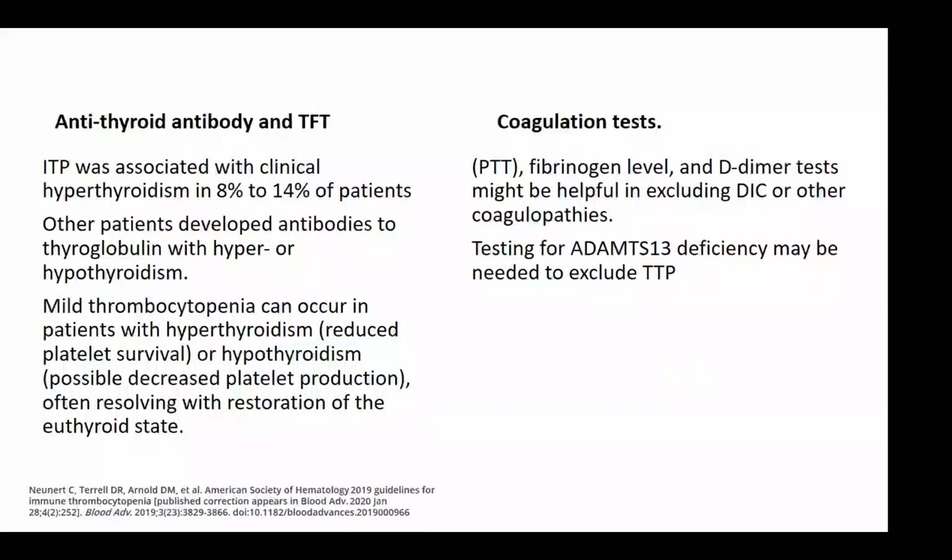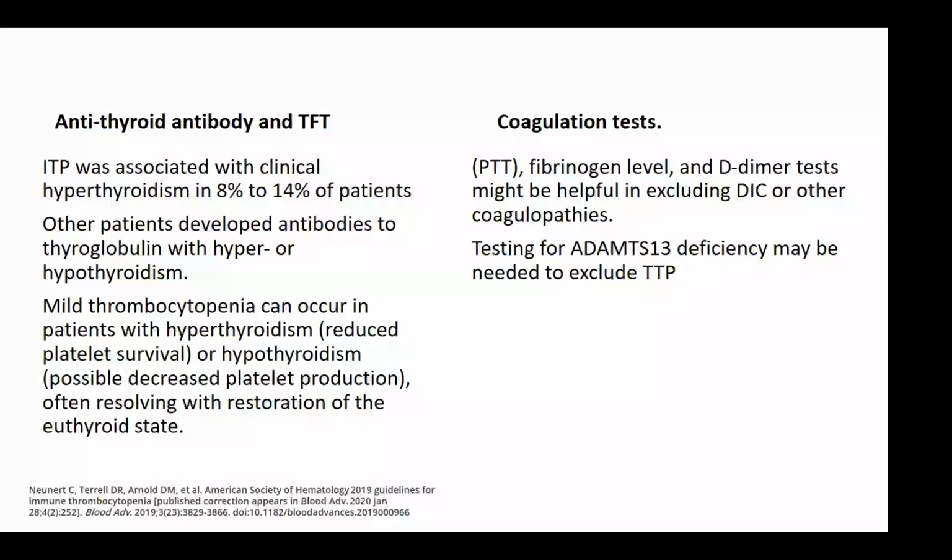Thyroid function test and anti-thyroid antibody are very important before making a final diagnosis. In 14% of ITP patients, hyperthyroidism is present. Other patients have antibody to thyroglobulin, and some patients present with hyper or hypothyroidism.